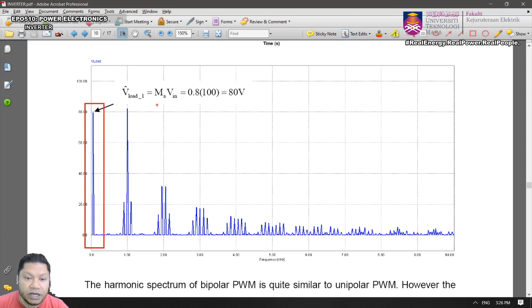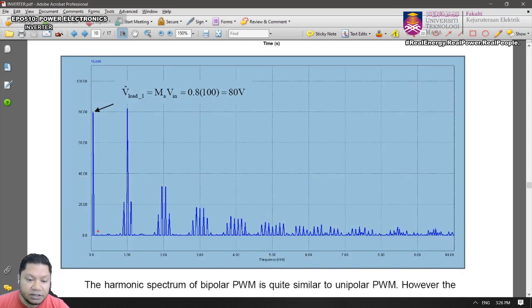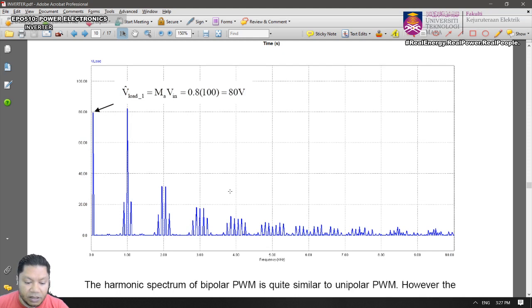This fundamental component can be calculated using this equation, modulation index multiplied by Vin. So this is 0.8 multiplied by 100, so you get 80 volt. And there are no low order harmonics, just ignore this. There is no third, fifth, seventh, no low order harmonics.